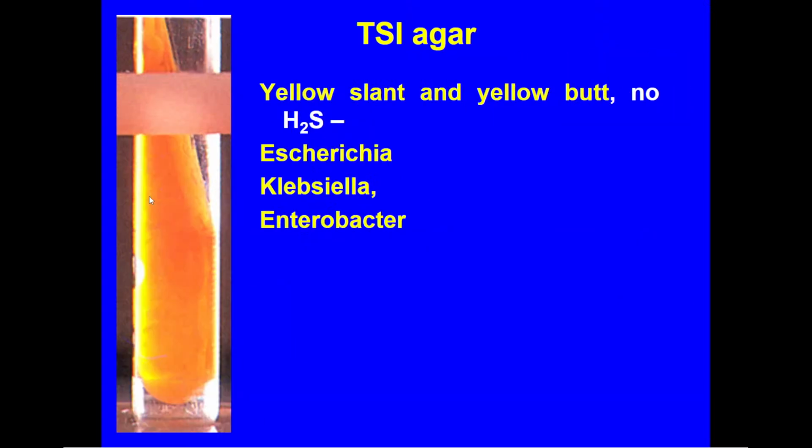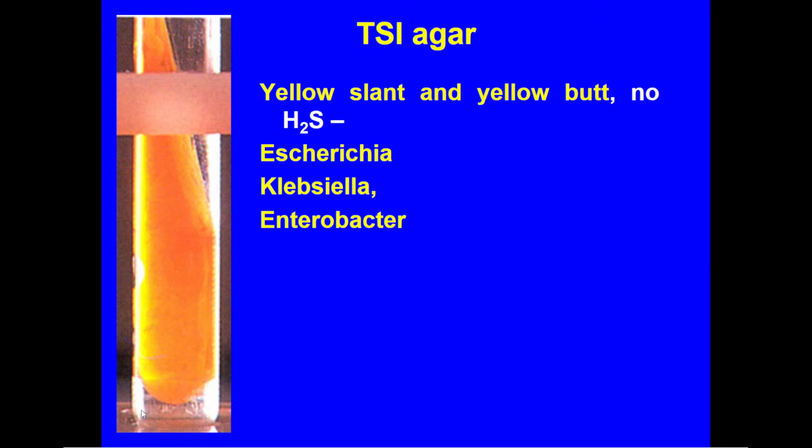Then we see TSI agar after being inoculated with Escherichia and some others, Klebsiella and Enterobacter. So you can see here the butt is yellow. It means acid is produced out of lactose fermentation. And you can see the medium has jumped up a bit in the tube.